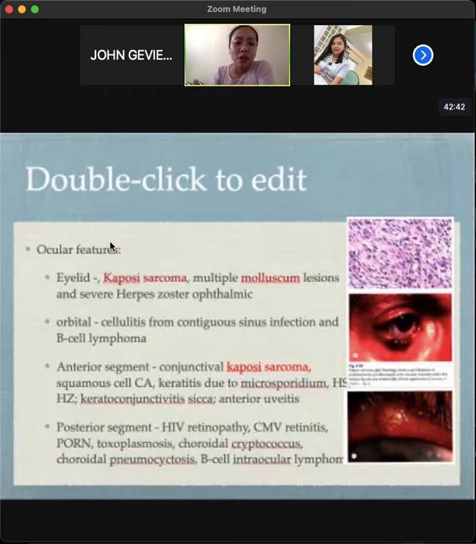So also rare infections such as your microsporidium, cryptococcus, and pneumocystosis, you would suspect AIDS in a patient having these. So for atypical presentations in the retina in a very immunocompromised patient, you would suspect HIV retinopathy. So check out the asynchronous lecture on HIV that I posted in your Google Classroom, so that you would be aware that HIV can affect the eye.